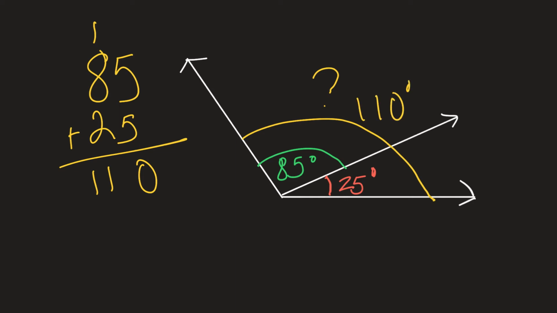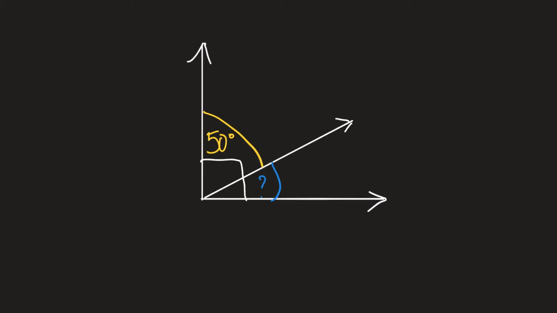Now we've got one final one, and then you guys are going to move on to your independent practice. So here we have one that has a 90-degree angle. We know that this right here is 50 degrees, and we need to figure this part out right here. Well, we know that this whole thing is 90 degrees.